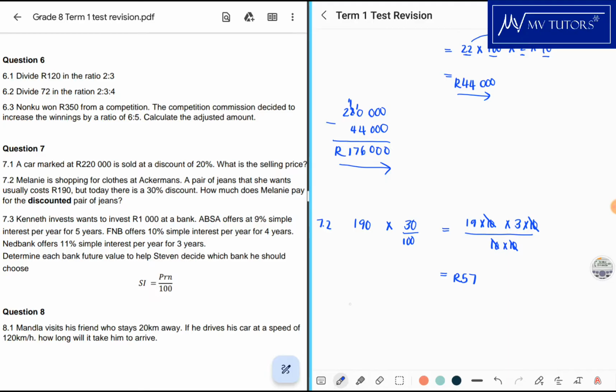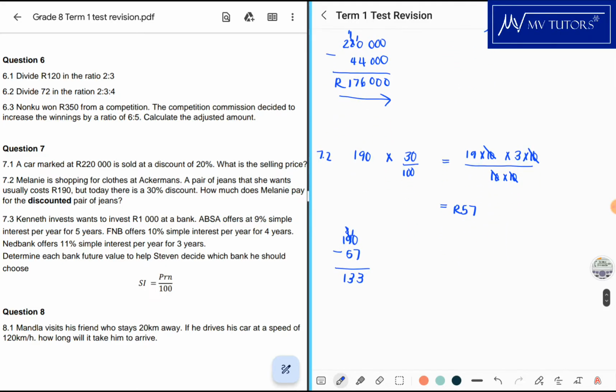So I need to take that 190 and subtract 57 from it. So 10 minus 7 is 3. 8 minus 5 is 3. So basically, she would end up paying 133 Rand.